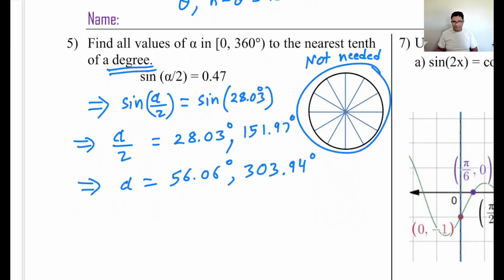You can check on your calculator. But both of them are between 0 and 360, and I can be guaranteed there's not one more. In that range 0 to 360, these are the solutions. What if I had taken another circle with 2 pi, then it will go beyond 360. So these are the answers.